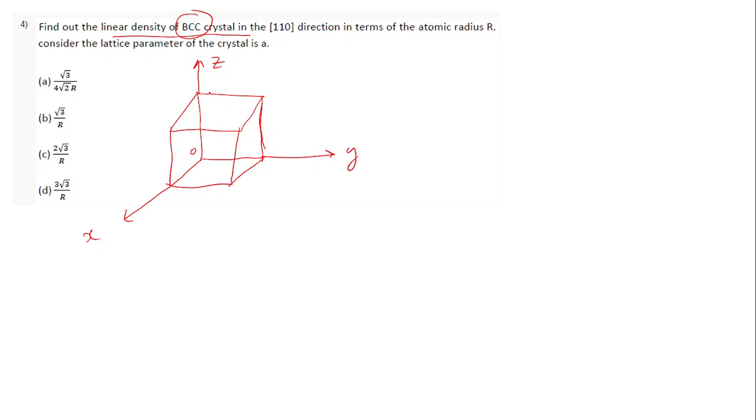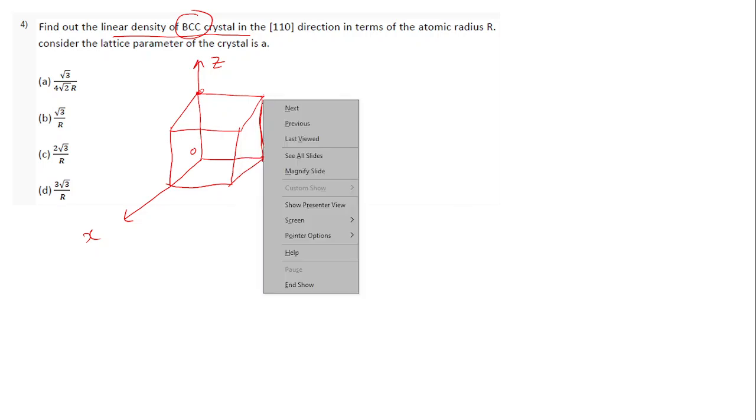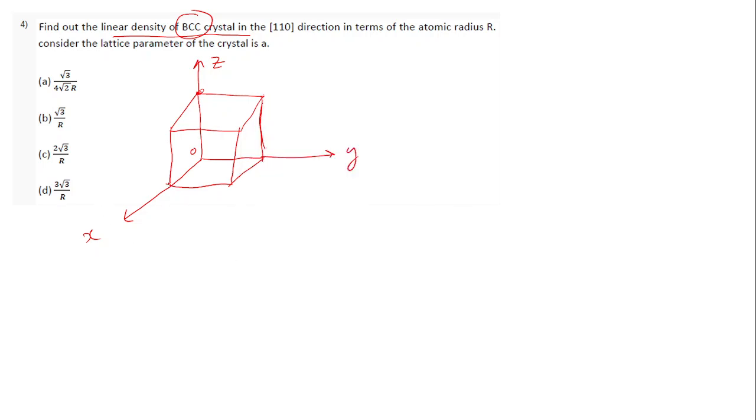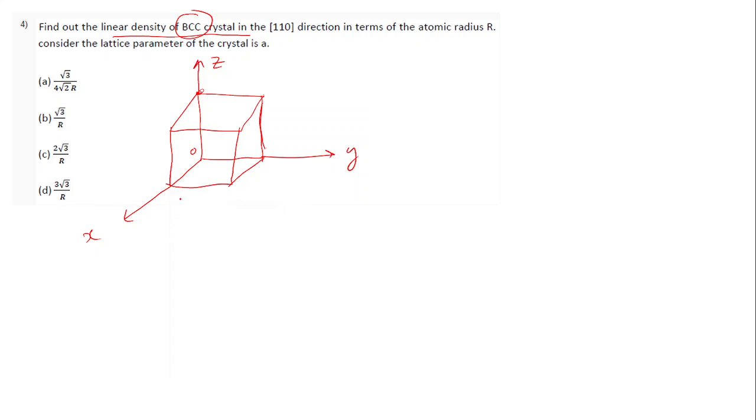Now BCC crystal means we have atoms at all the corners, and then one at the center.